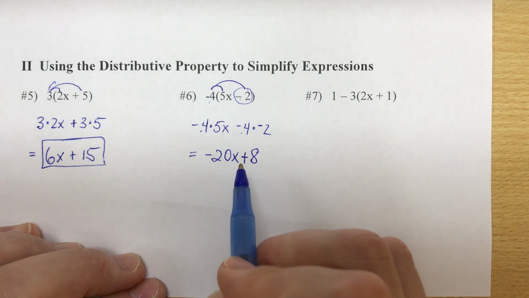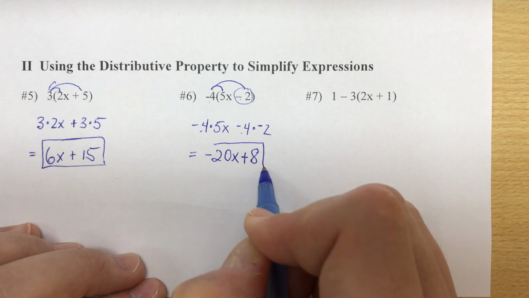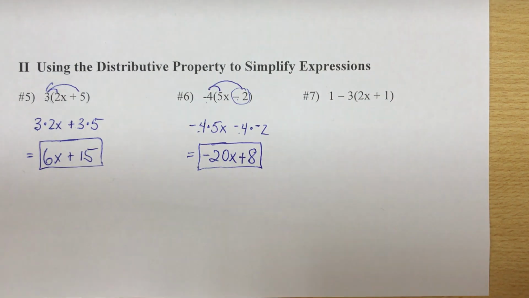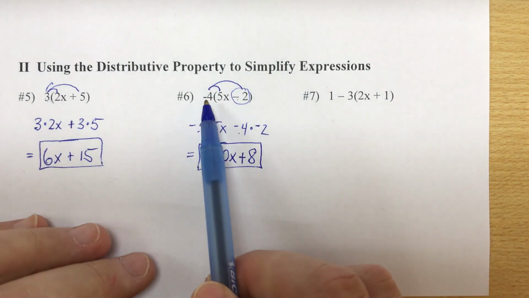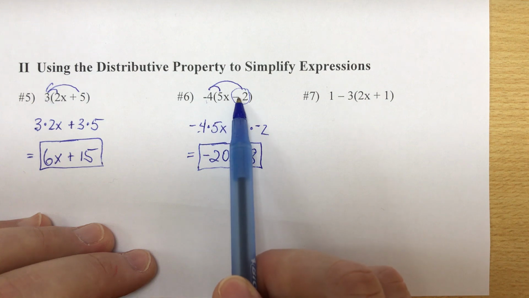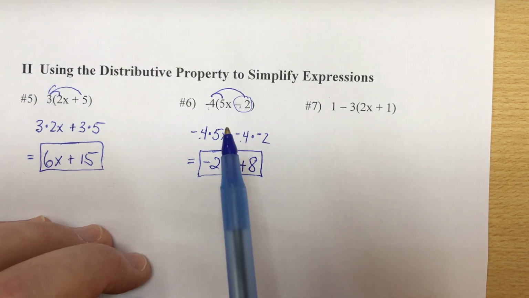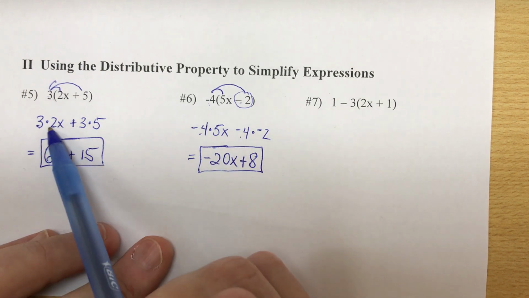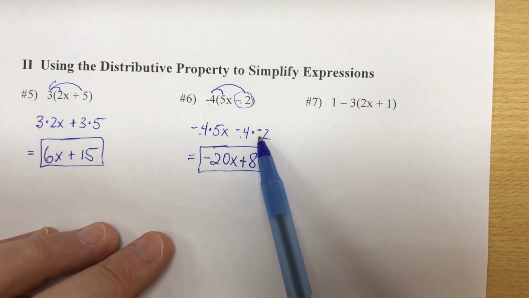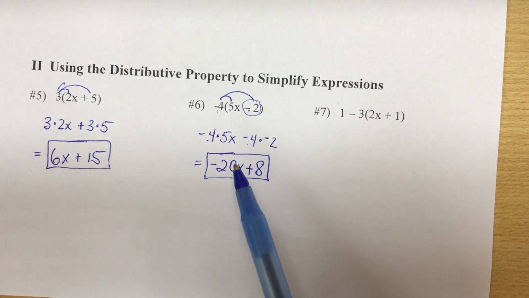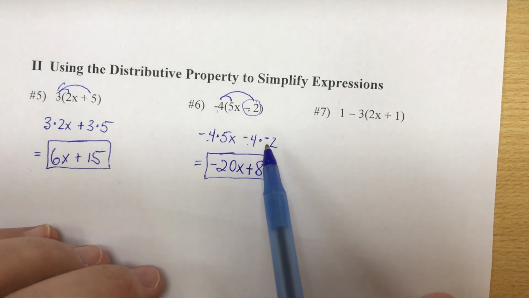These are not like terms. We cannot combine them, so we are done. This is simplified. You have to remember this symbol goes with the next value. That is a negative 2 that we're doing. Now, what I'm doing here with writing this out, you don't have to do that. After you do a few of these, you kind of get used to this pattern.